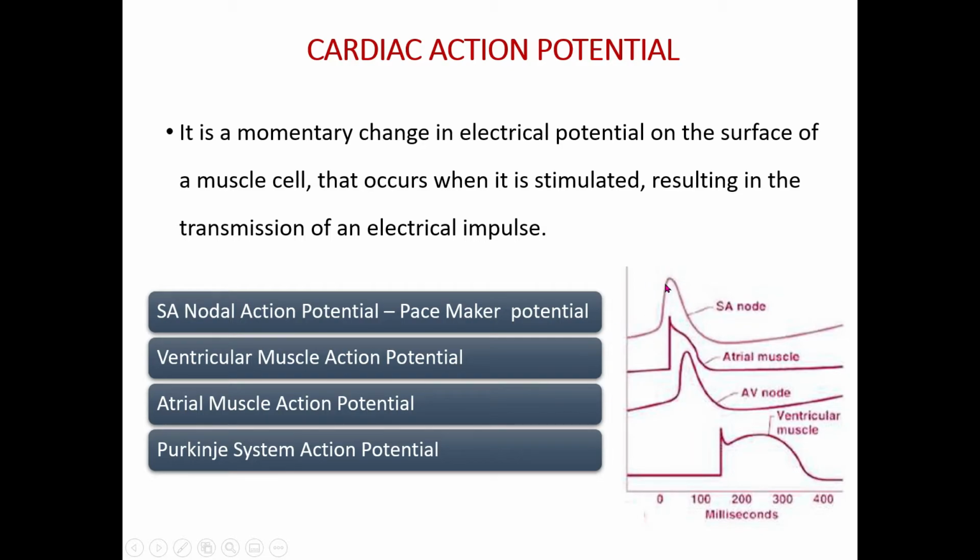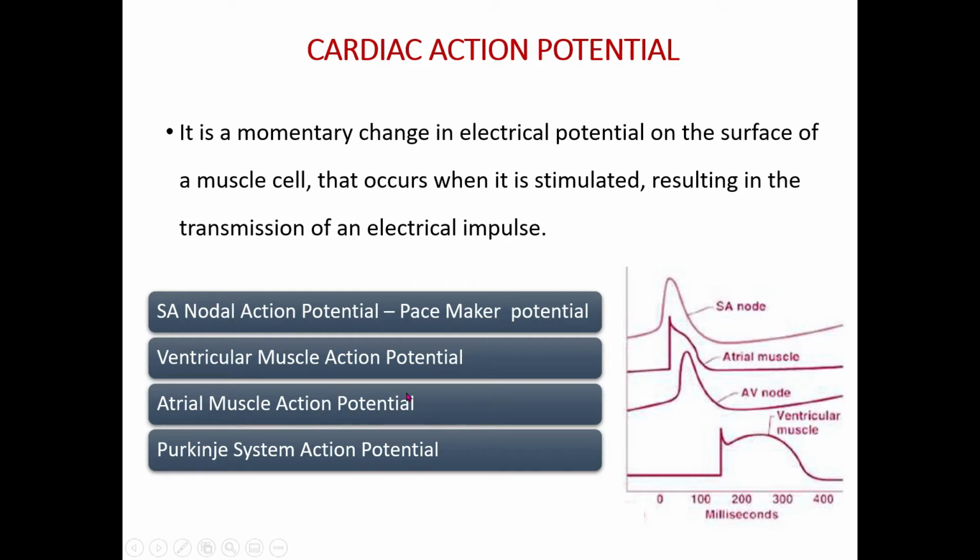When the SA node is stimulated, it will stimulate the atrial muscle so that it undergoes the action potential, and after the action potential is spread through the atrial muscle, of course it will undergo the contraction phase, that is, the atrium will contract after it gets stimulated.